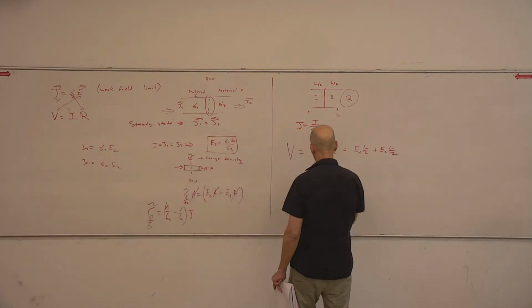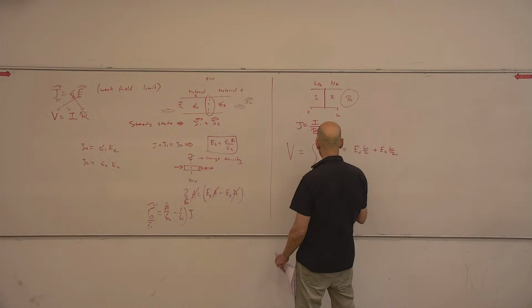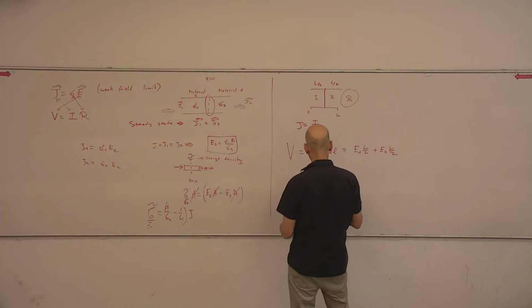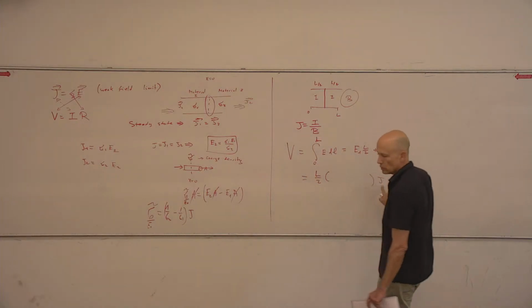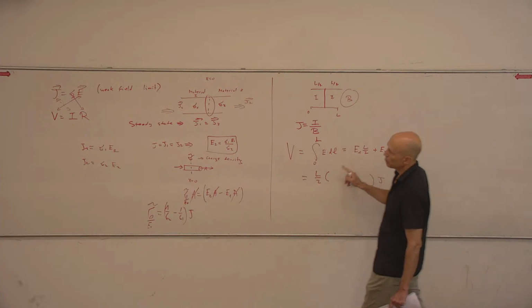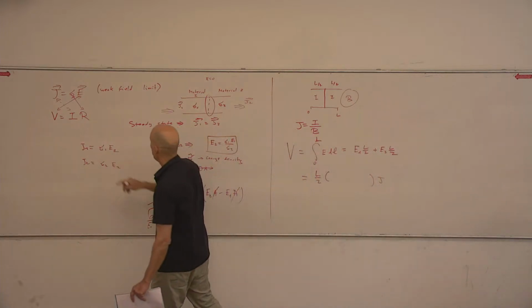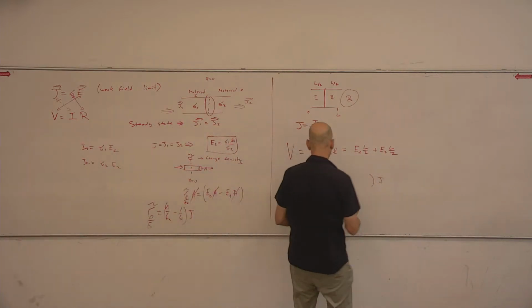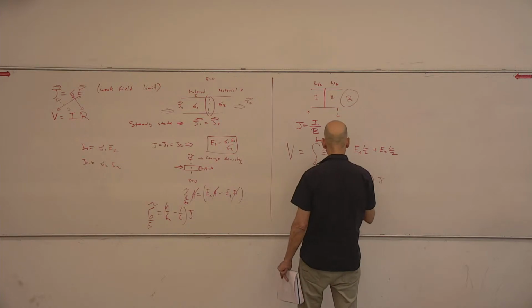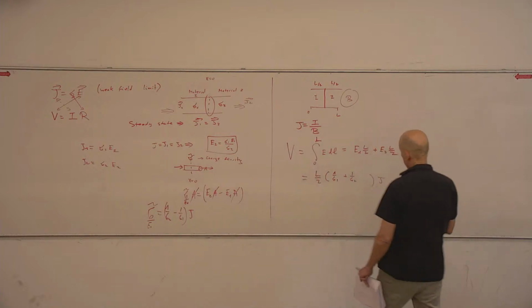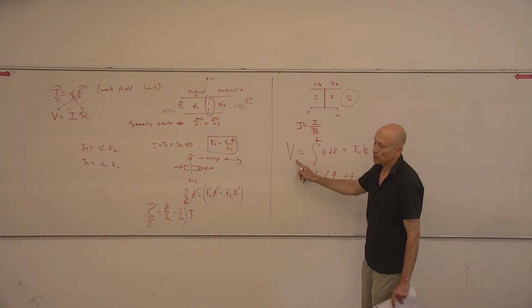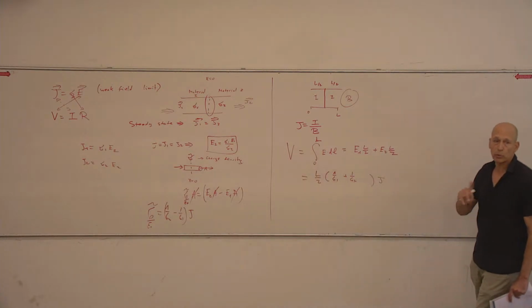So I will have here L over 2 in this example. The E's are proportional to J, right? But here I have 1 over sigma 1 plus 1 over sigma 2. This is a connection between J and V, but what do we want? We want a connection between I and V.